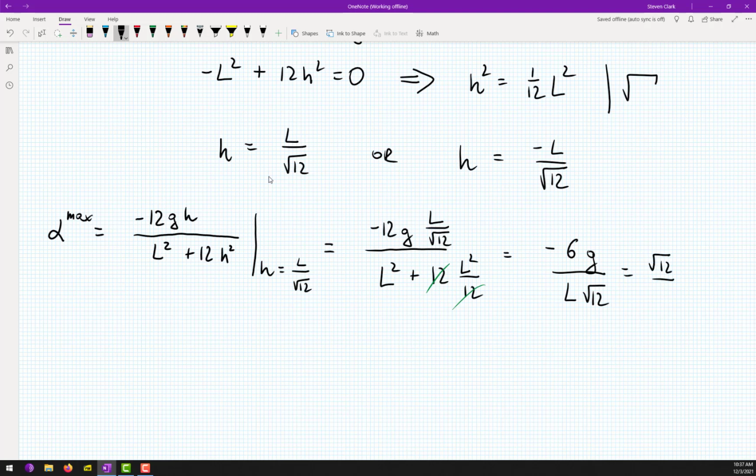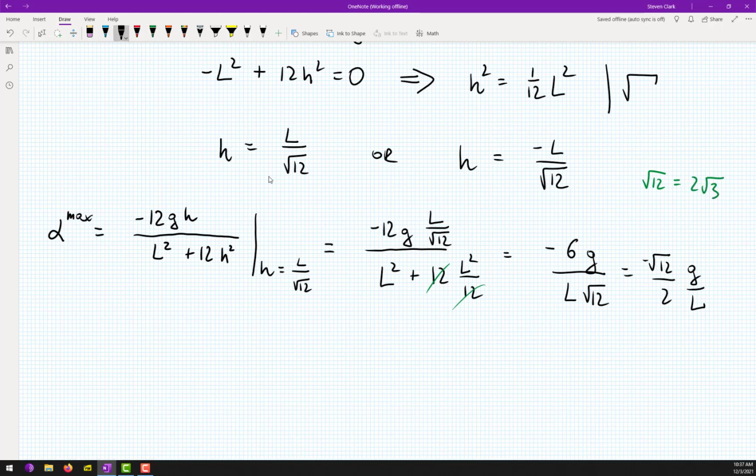So this will be equal to square root of 12 divided by 2 times negative g over L. Let me see if I got that yesterday. Oh no, I did, because square root of 12 is 2 square root of 3.